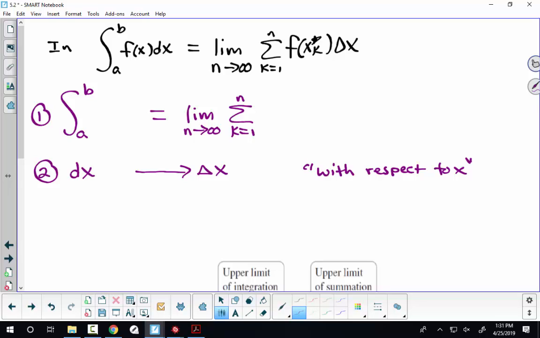And then the a and the b are the limits of integration. We're finding the area from this x value to this x value.